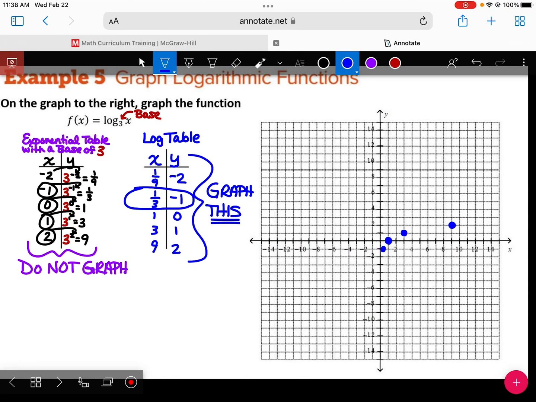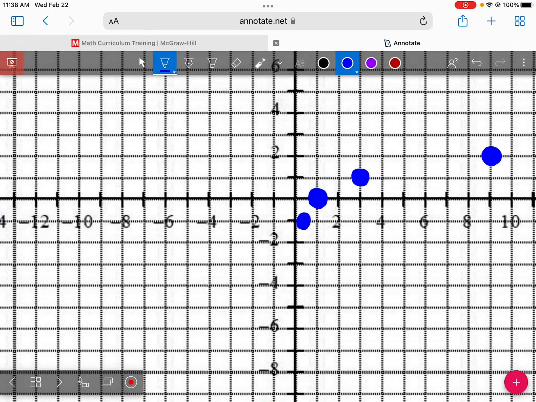What about the next one, 1/9 and -2? Is 1/9 a positive or a negative number? Positive. So it's barely on the right, hugging right next to the y-axis, and it's down here.